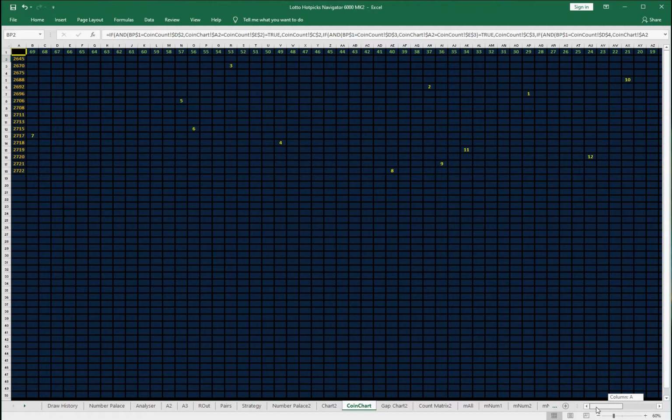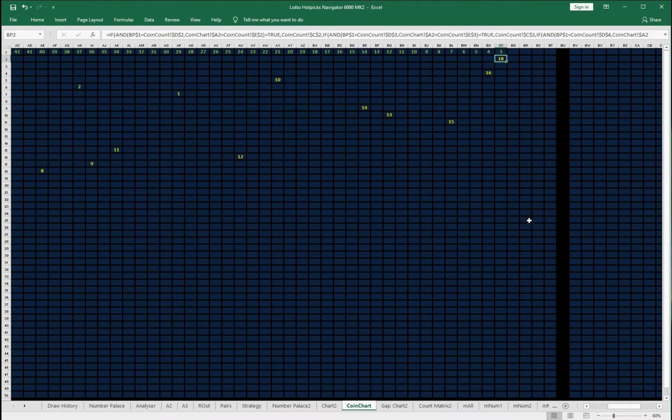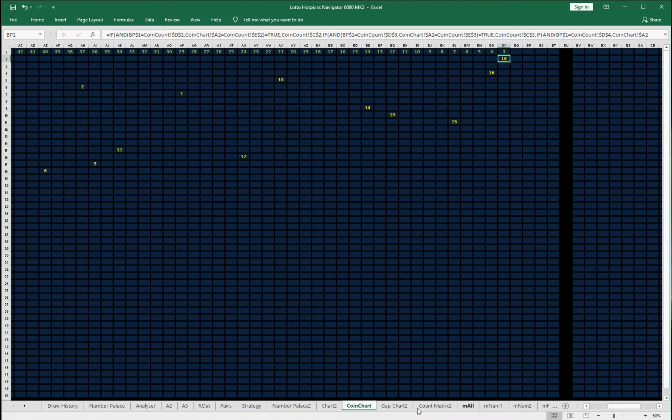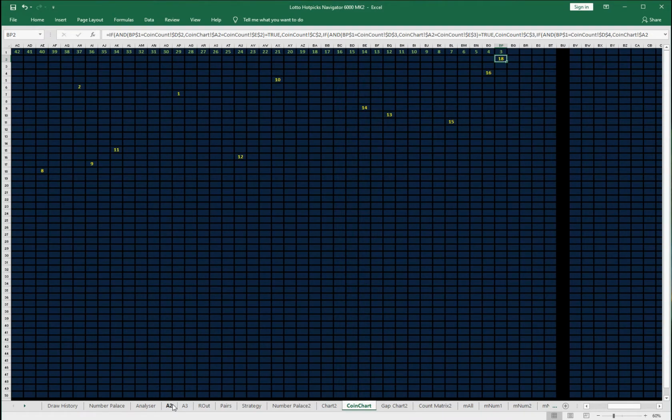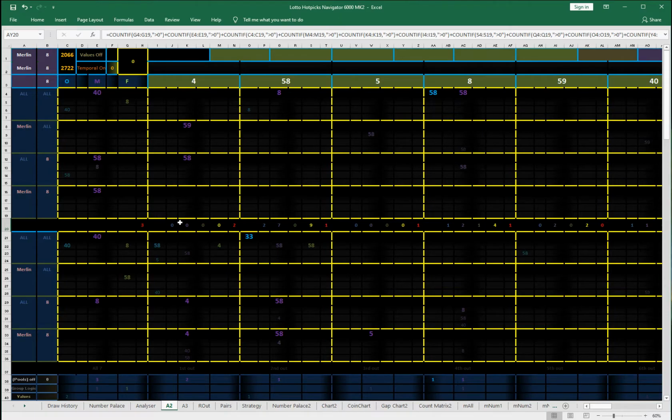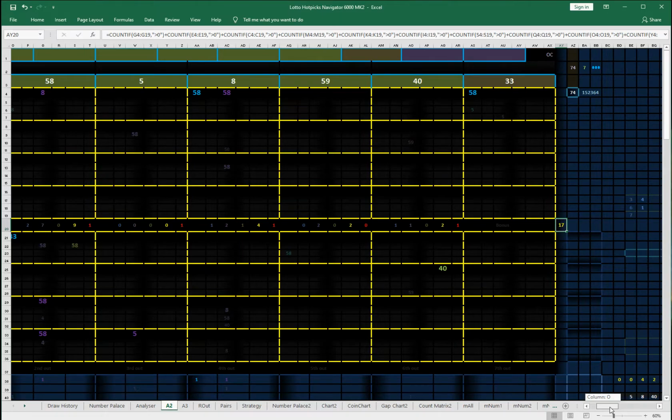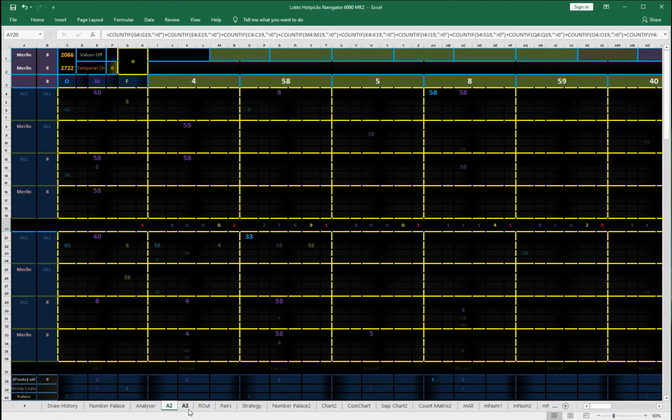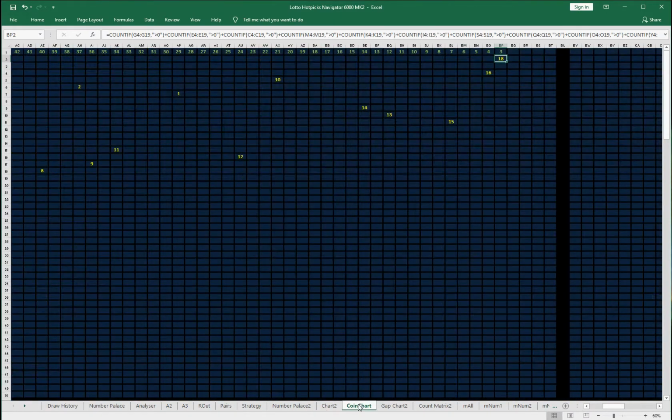So nearly 100 draws ago, there was a draw where there were 18 coincidences. That's the highest there's ever been. So my little selection of numbers would produce 17 coincidences, and on this chart it will be the first time, so we've got 3, 2, 1.